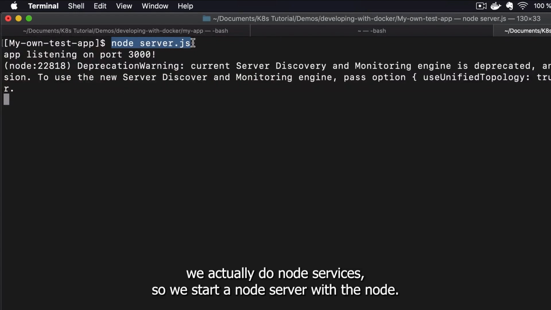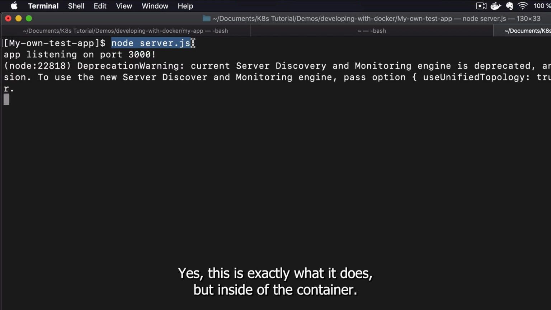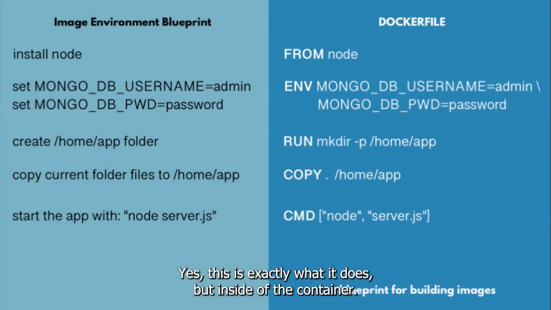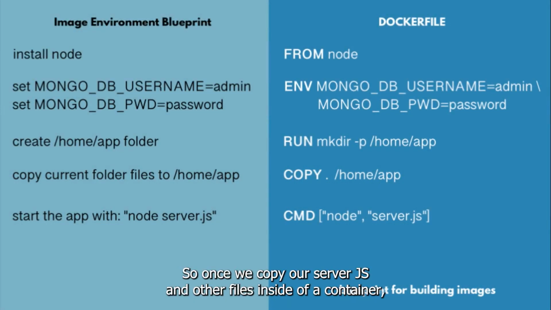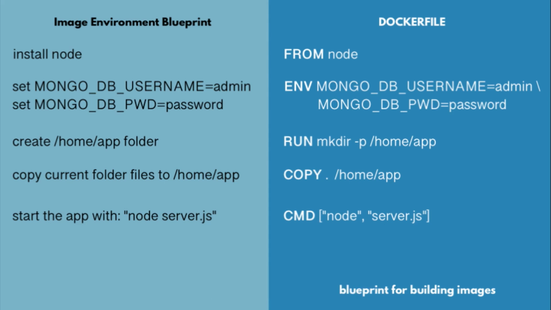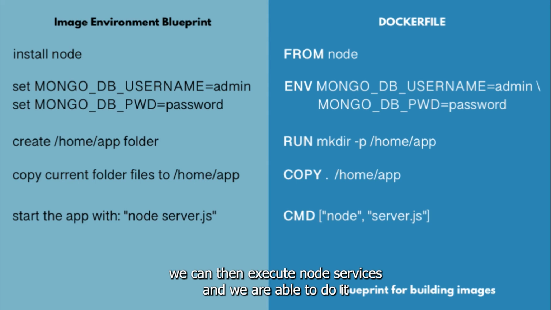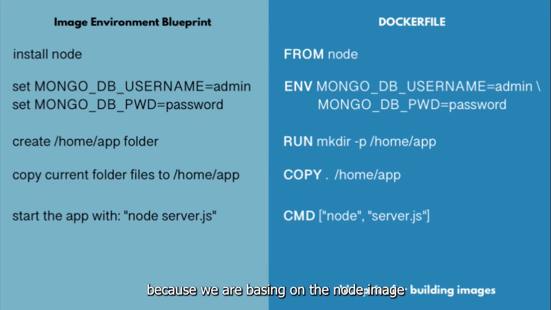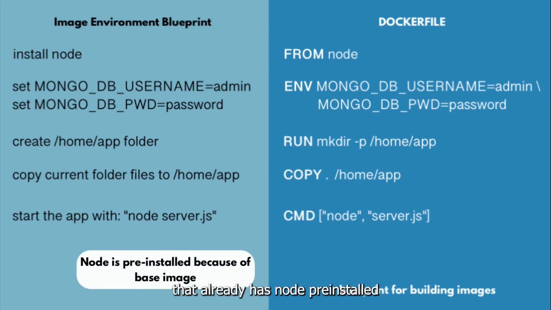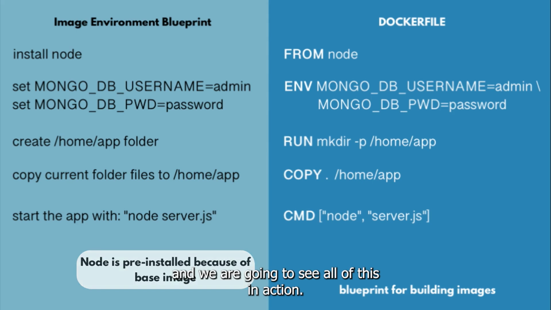So we start a node server with the node.js. This is exactly what it does, but inside of the container. So once we copy our server.js and other files inside of a container, we can then execute node server.js. And we are able to do it because we are basing on the node image that already has node pre-installed. And we are gonna see all this in action.